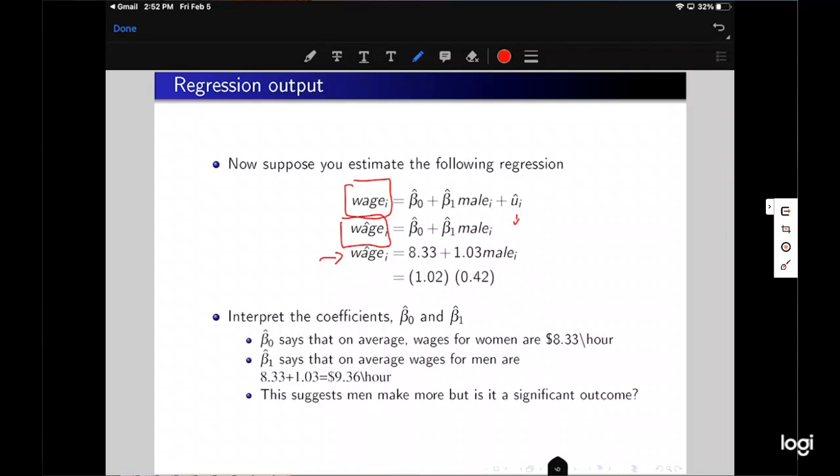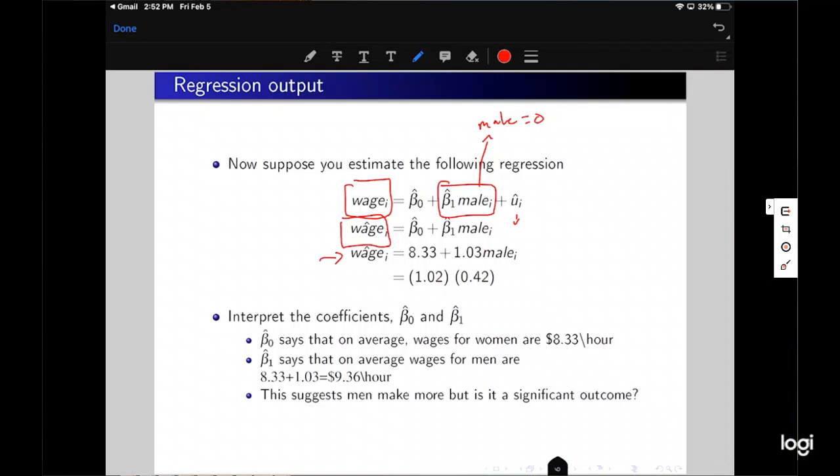Beta hat 0 says that on average wages for women are 8.33. Why women, right? If male is equal to 0, then this whole bit drops out, and we're just left with beta hat 0, and beta hat 0 is 8.33 dollars per hour.